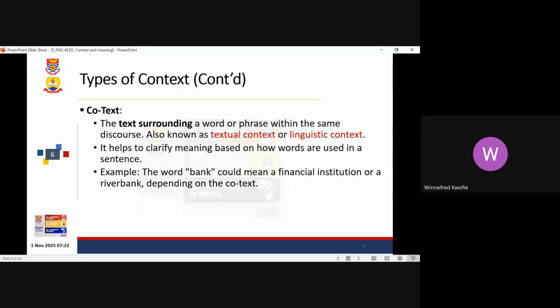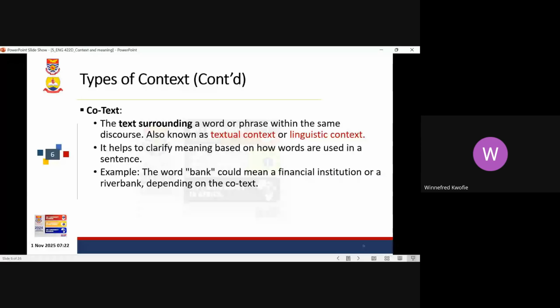So I gave the example of trunk already. You can also look at the example bank, also a polysemous word. In the sentence, I went to deposit money at the bank, and then I went to the river bank. Using the same word bank, you realize that in the first sentence, you hear the use of the word money.